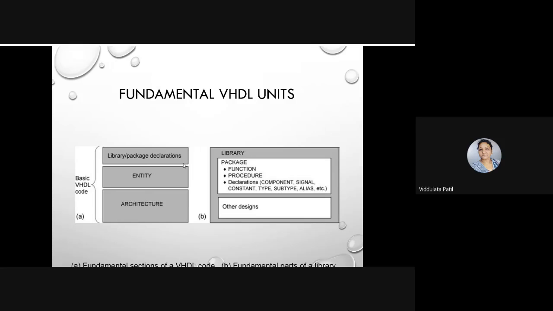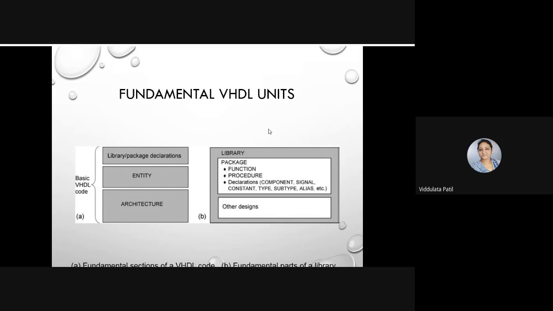Now, what is there in the library declaration part? The library declaration will have a package declaration. So what package we are going to use has to be declared in the program. Now, what is library declaration actually?